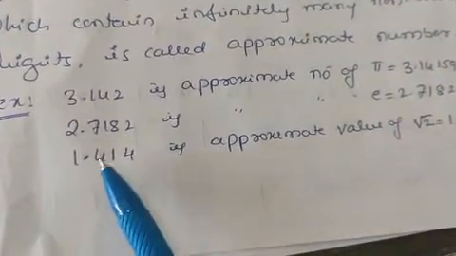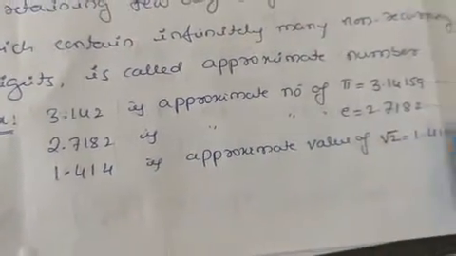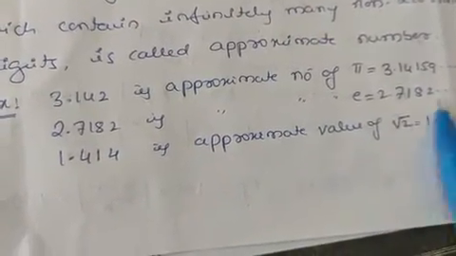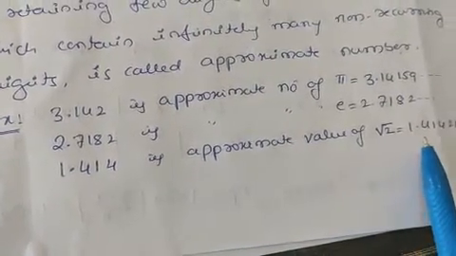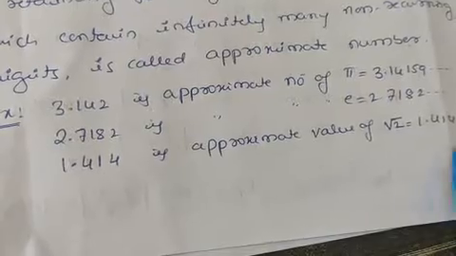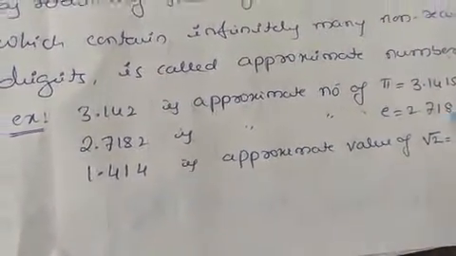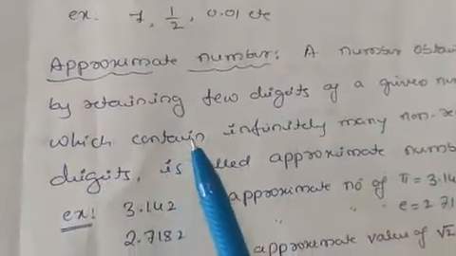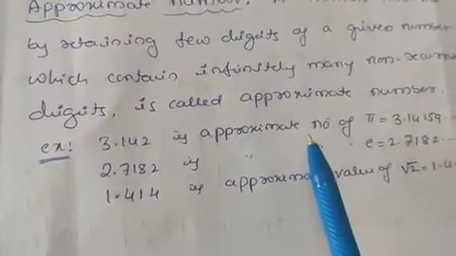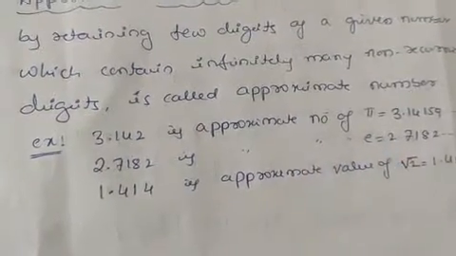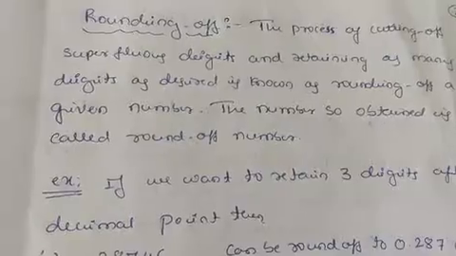We can take it as 2.7182 and neglect the remaining digits. The value of root 2 is 1.41421 and so on, and we can take it approximately as 1.414. So these are all about the approximate numbers. Approximate numbers are obtained by neglecting some digits after the decimal point.